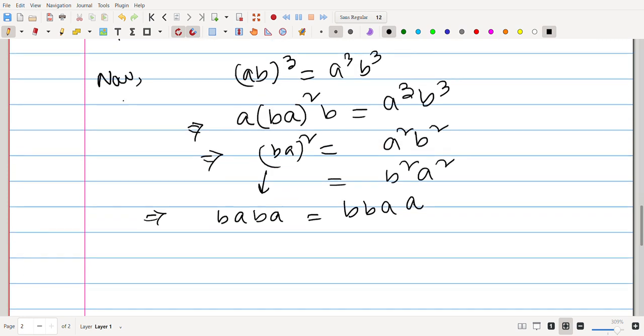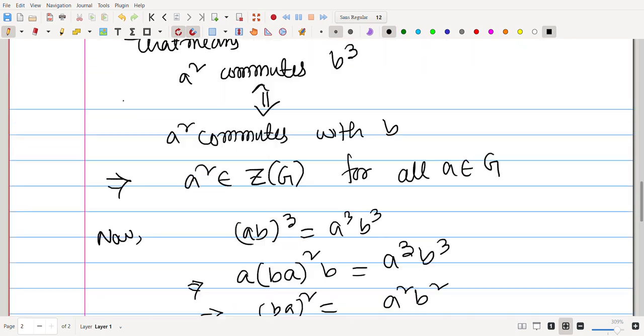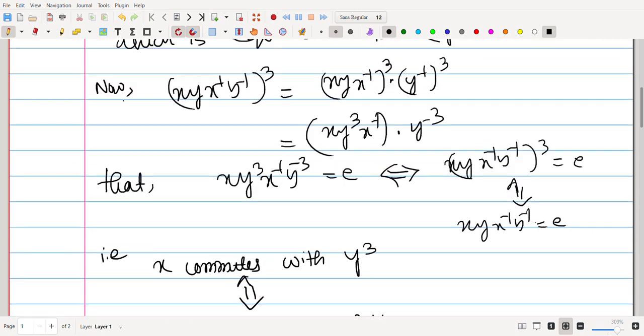Cancelling B and A on both sides, I will get AB equal to BA. And here A and B are arbitrary because we know that for any A, A square belongs to the center of G. So you can take A and B to be arbitrary. Hence, G is abelian. Okay, so this is the solution.